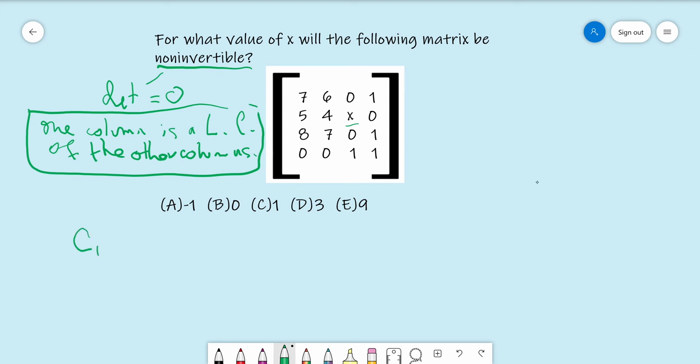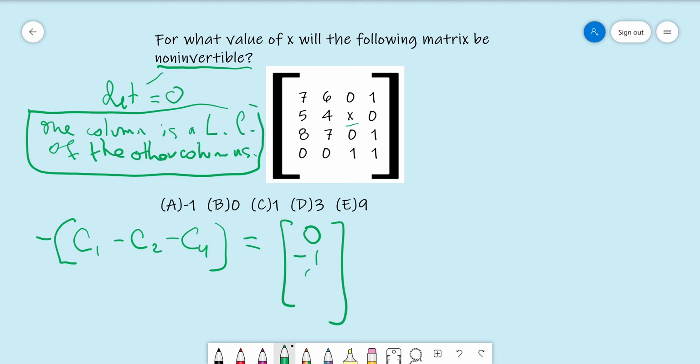So if you take column 1, subtract column 2, subtract column 4, and then multiply the whole thing by negative 1, that'll give you 0, 5 minus 4 is 1, negative 1, and then another 0, and 1, which means that x would have to be negative 1. So the answer is A.